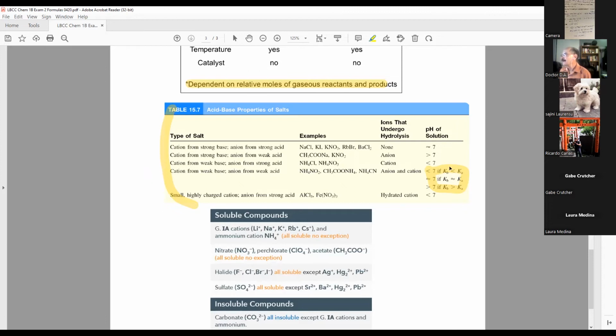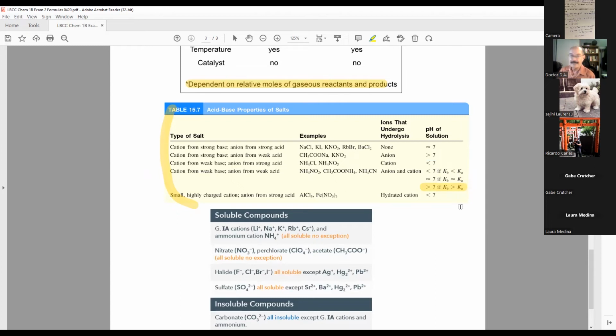So right now, what we found was that for the example I gave you, the Kb of ammonia was bigger than the Ka of HCN. And the result, as you can see here, is that the pH was basic. In other words, it's a basic solution.